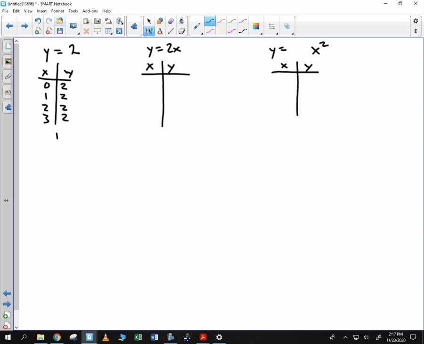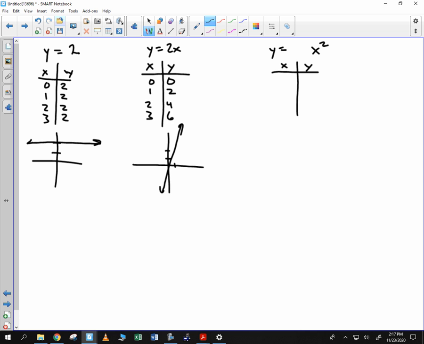And that's why you get this graph of a horizontal line that passes through 2. In this situation, 0, 1, 2, and 3, multiply by 2, you get 0, 2, 4, 6. Each time it's going up by 2 units. That provides us with that slope of 2, which is why you get that graph. So this is a linear function.